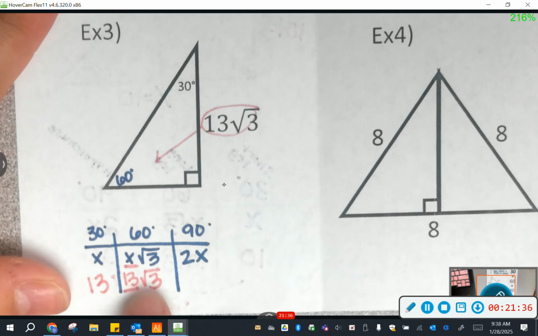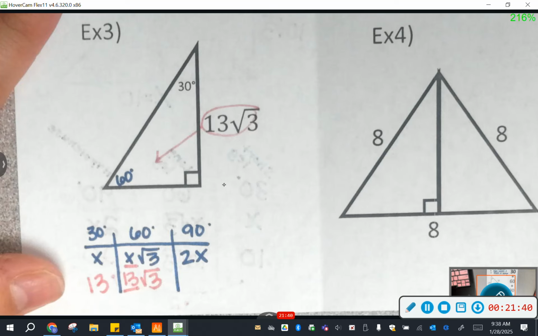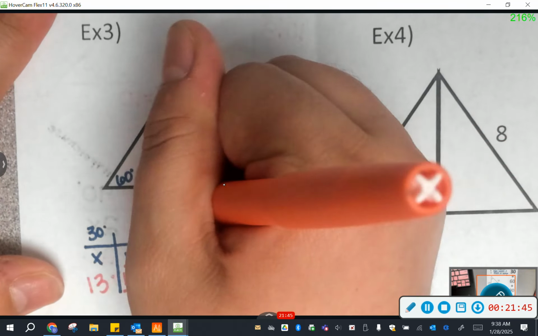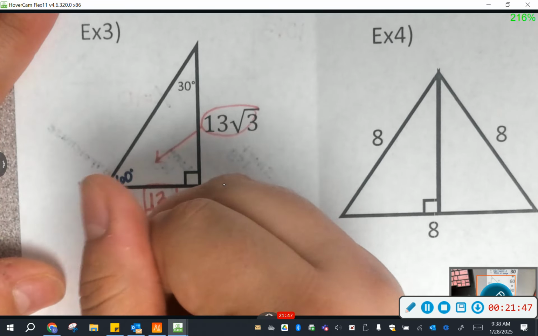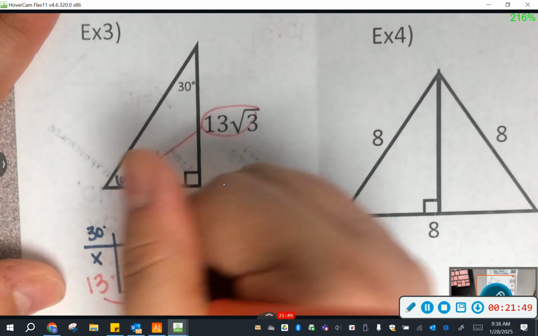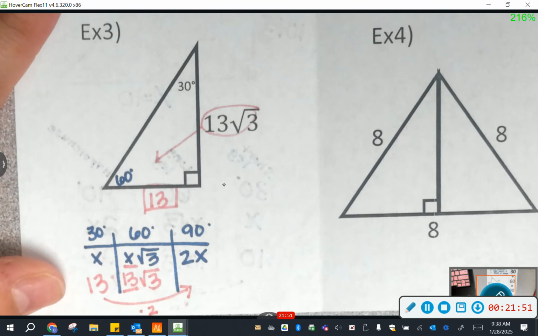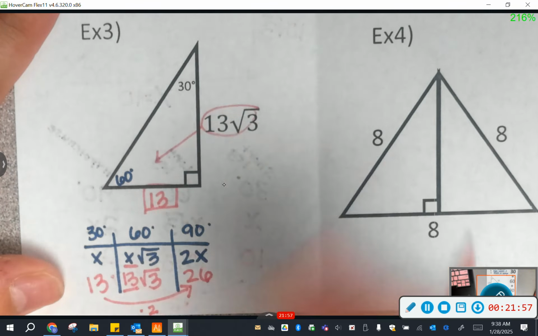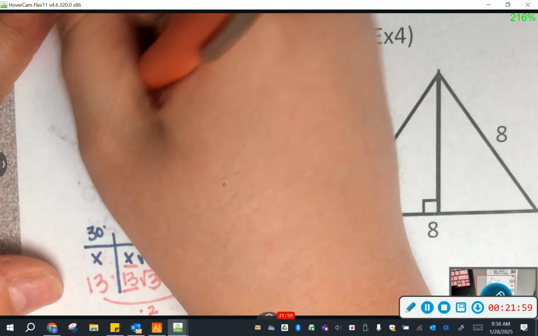Because x is that number right in front of square root of 3. So across from the 30, I'm going to put the 13. And then how do I find out that last column? What is 13 times 2? 26. So from here, I just times 2. 26.